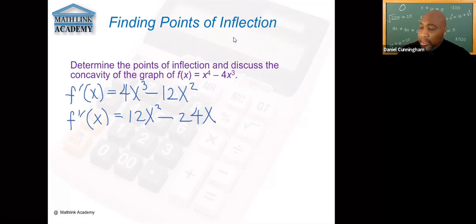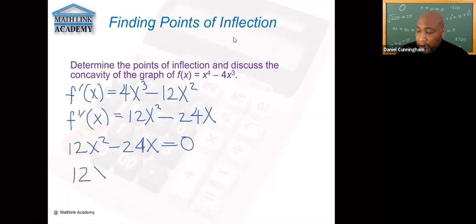And now we got to set this 12x squared minus 24x equal to 0, and then solve for x. So we could take a factor out of 12x. What's left in the bracket will give me x minus 2 equal to 0. And we got two values, x equals 0.